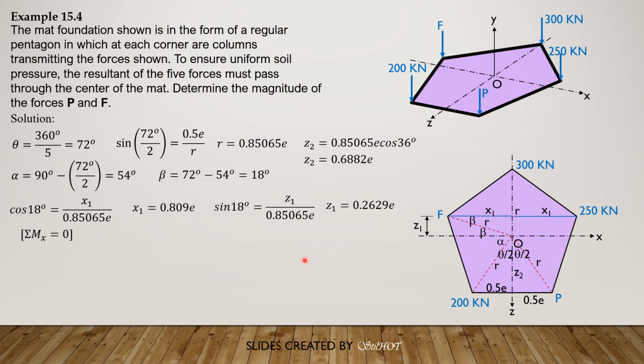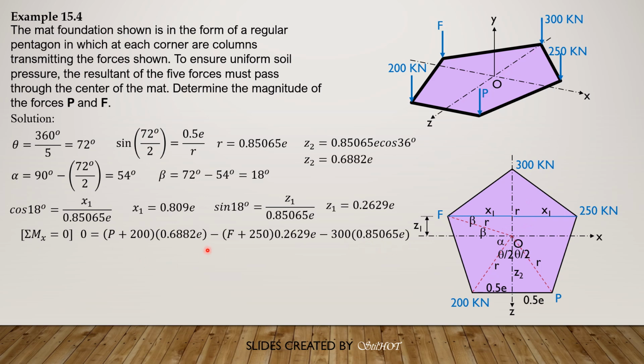So the moment of the resultant about the x-axis is 0, of course, as stated in the problem. So 0 equals P plus 200 times Z2, which is 0.6882 of E. Then minus F plus 250, their moment arm is z1, which is 0.2629 of E. Then minus 300, the moment arm is R, which is 0.85065 E.